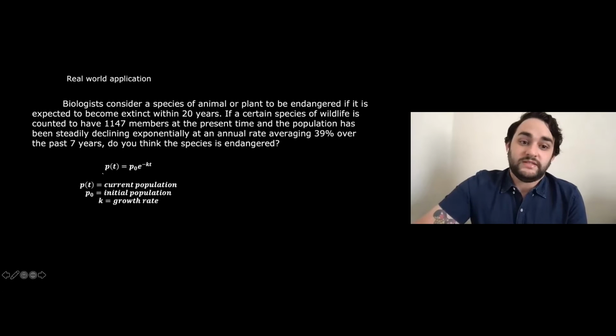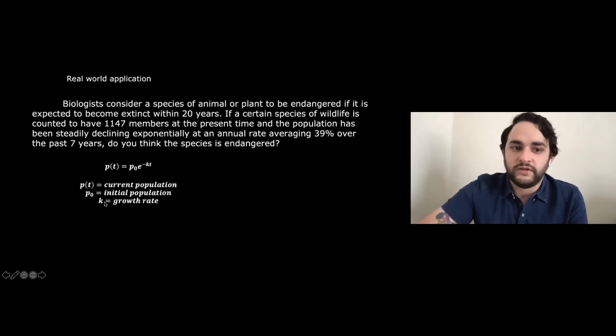So you can use this equation that we just derived. You can plug in the initial population, which is 1,147, and then the growth rate, which, because it's declining, is negative 39%.